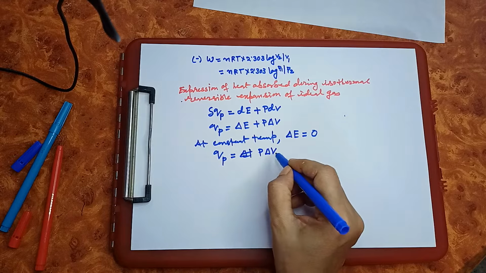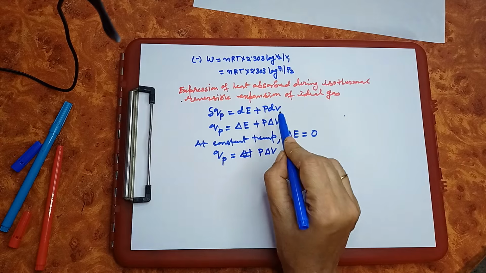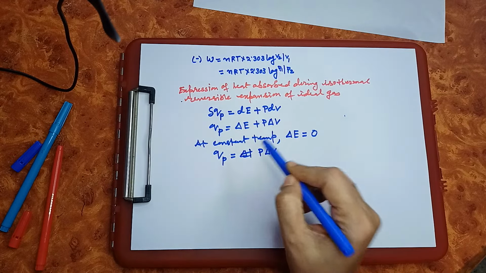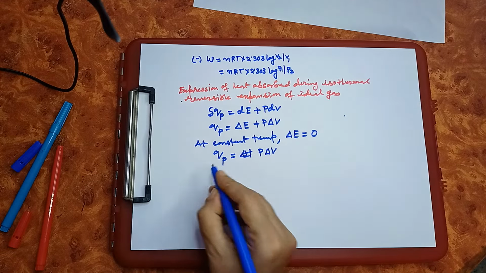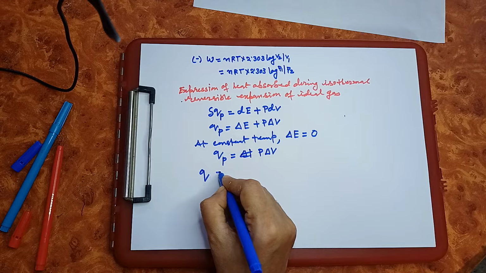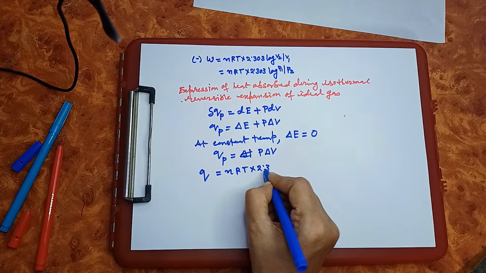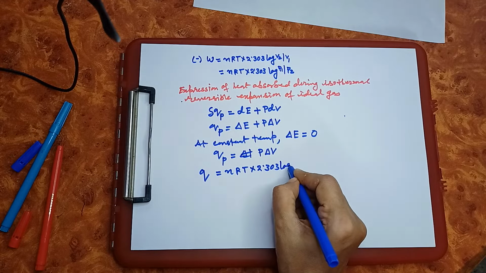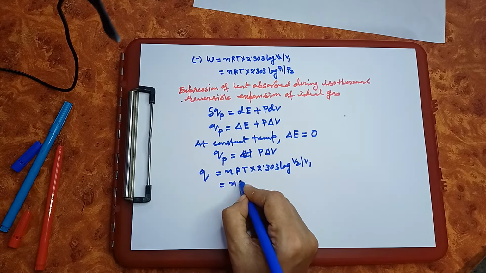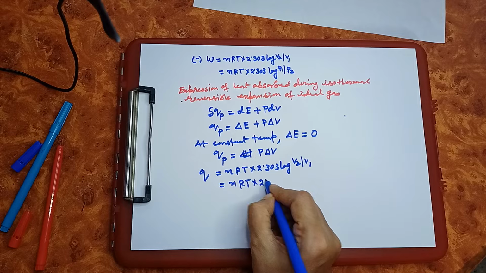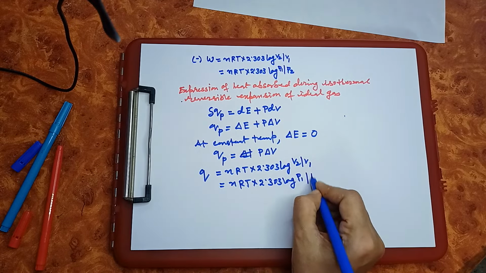Therefore, the expression of the work done during isothermal reversible expansion of ideal gas is exactly the same as the expression of heat absorbed. So Q also I can write as nRT into 2.303 log of V2 by V1, or nRT into 2.303 log of P1 by P2.